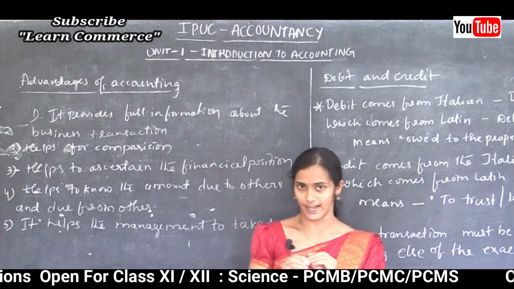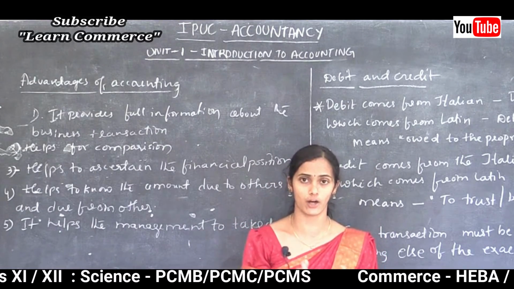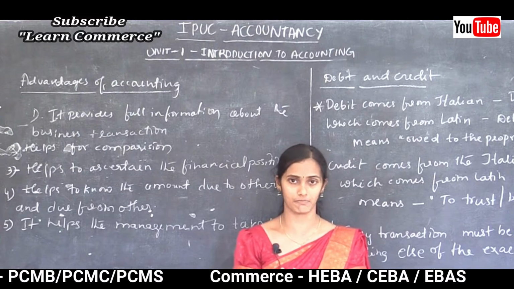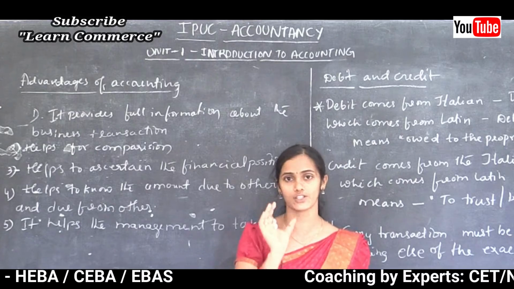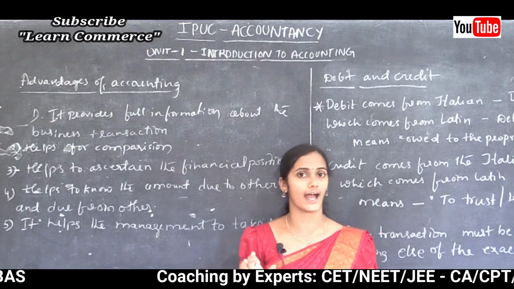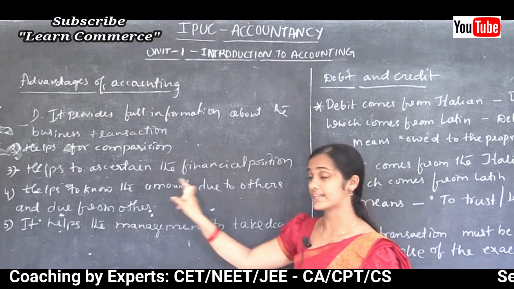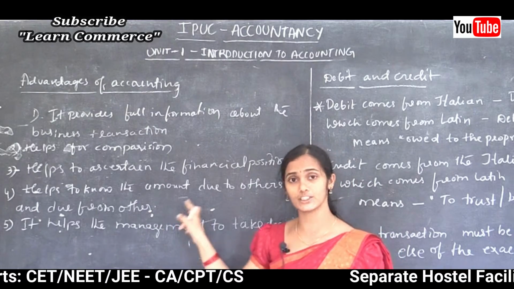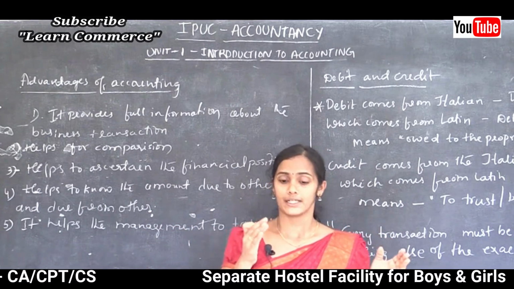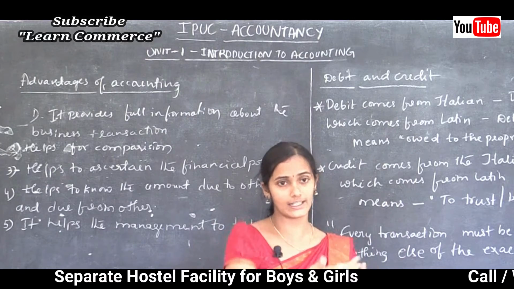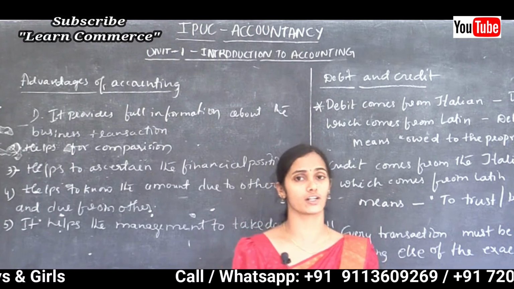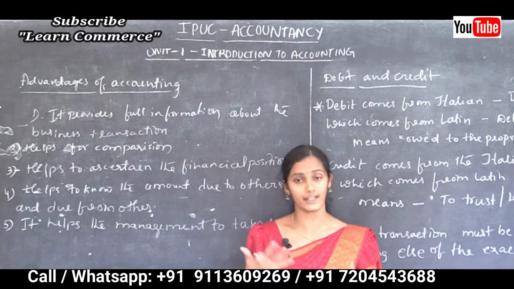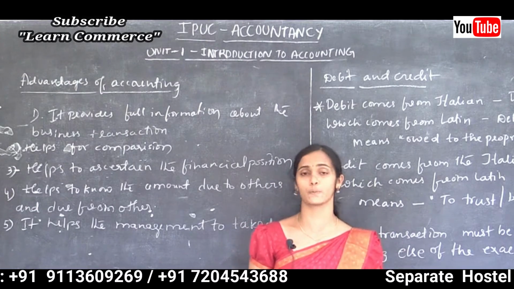Okay. Next one, it helps the management to take decisions. Each and every economic transaction which is identified is recorded in the books of accounts in a proper manner. After that, at the end of the period, by preparing the financial statement, the organization will find out the business position.